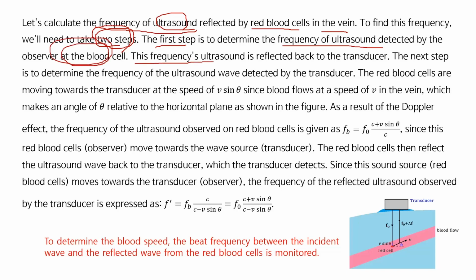This frequency's ultrasound is reflected back to the transducer. So we have to first determine the frequency of ultrasound at the blood cell. The next step is to determine the frequency of the ultrasound wave detected by the transducer.